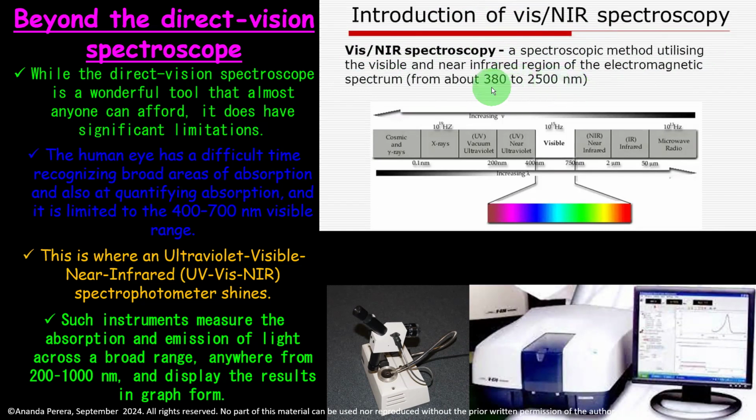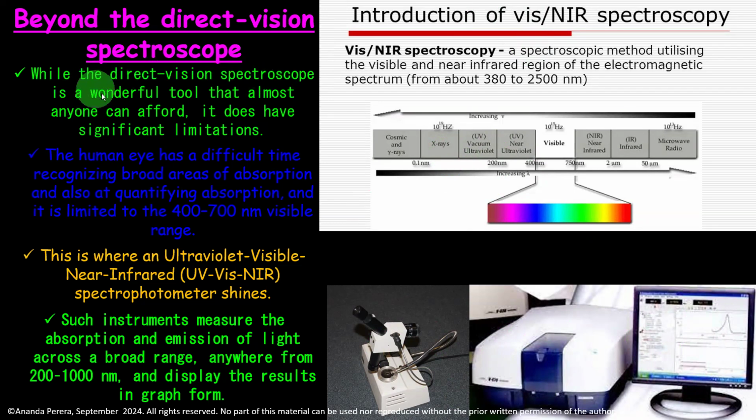We can't see all of this scale. This is the scale we can see, 400 to 700. But beyond this level, we can see with this apparatus. See, this is the graph from the laptop screen. So that is called beyond the direct vision spectroscope.